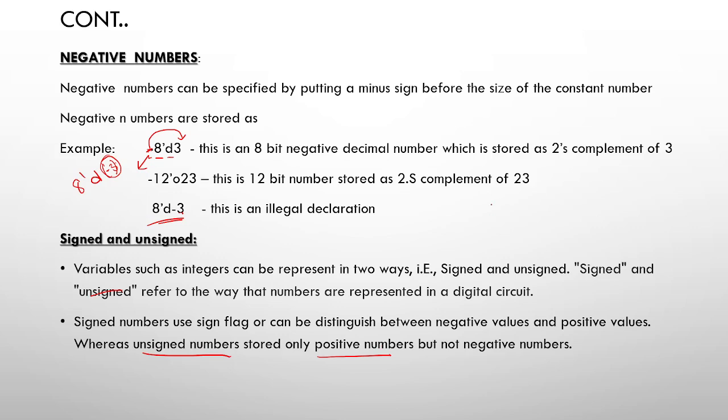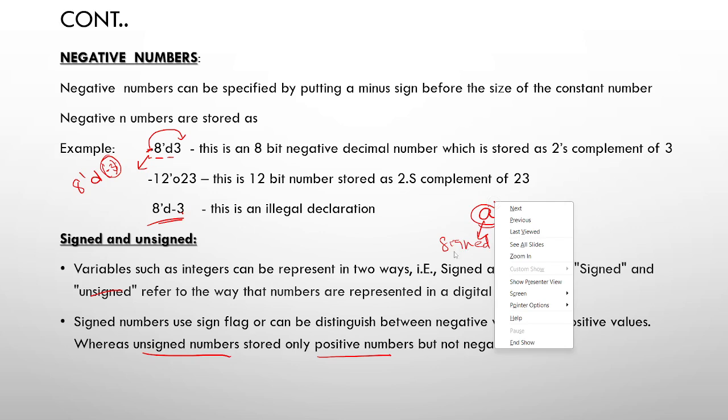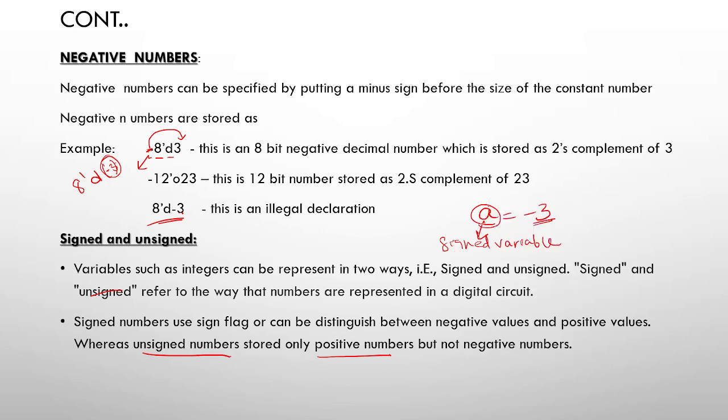So whenever you want to assign a equal to minus 3, that a should first be a signed variable. Only when a is a signed variable can you store the value a equal to minus 3 in that particular a. So how will you make this a signed?